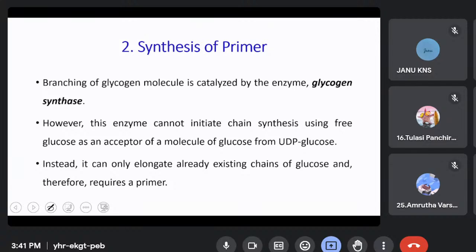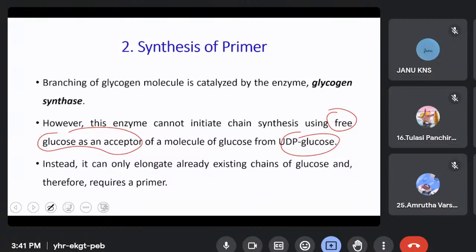However, this enzyme, glycogen synthase, cannot initiate chain synthesis using free glucose as an acceptor of a molecule of glucose from UDP glucose. So it cannot initiate synthesis of these branches or glycogen synthesis immediately by utilizing UDPG.